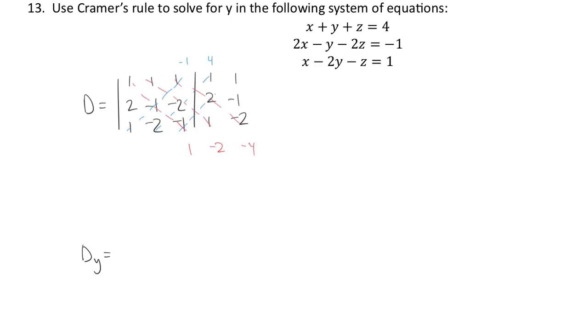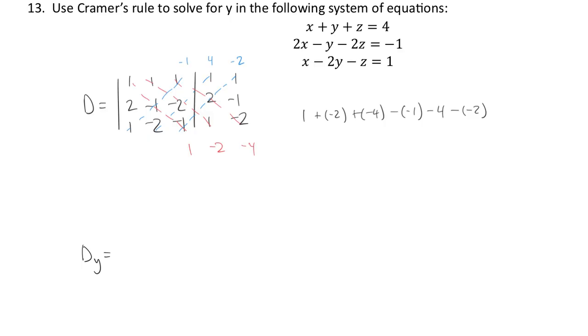And negative 1 times 2 times 1 is negative 2. So in this direction we add, in this direction we subtract.